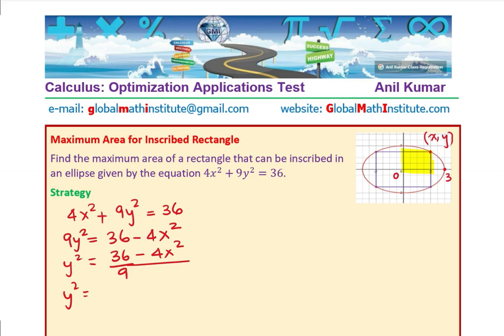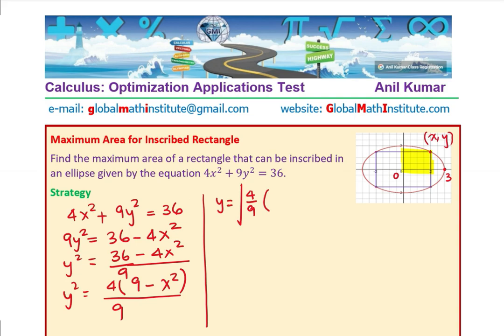Since it is a square, I'm not simplifying each term. It becomes better if I take 4 common, and I get 36 divided by 4 is 9 minus x squared, and here I get divided by 9. And when you square root, what do you get? Well, when you square root, we're looking for the square root of 4 over 9, right?